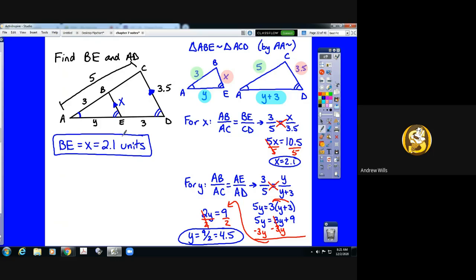For AD, we would say, okay, well, that's y plus 3. So that would be 4.5 plus 3, or 7.5 units. And you could give me either one of those as a fraction as well. That would be fine. I would accept either answer.